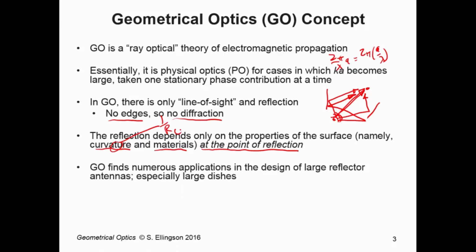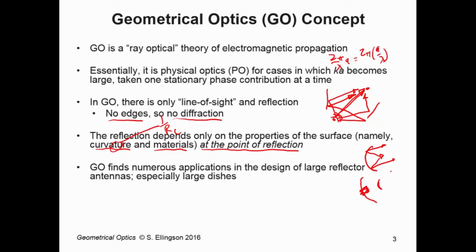GO finds numerous applications in the design of large reflector antennas, especially large dishes. So, for example, simple dishes like this where we have a feed. Every time a ray reflects off the main reflector, that's geometrical optics reflection. GO also lets us do problems like this, where perhaps we have a Cassegrain type reflector. A Cassegrain type reflector is a reflector where the feed is at the vertex of a large reflector.